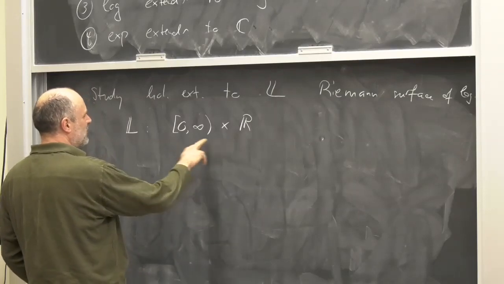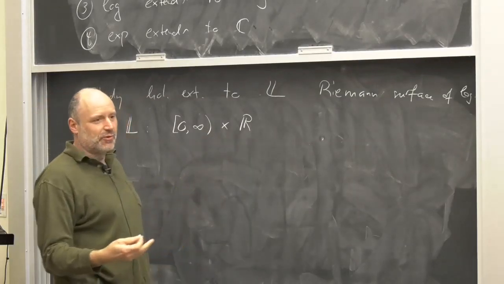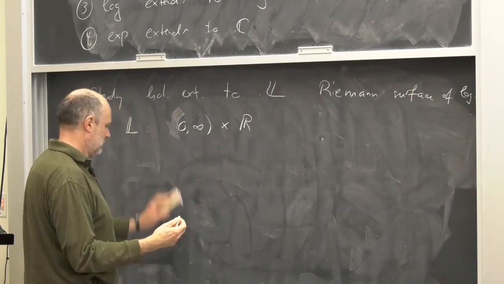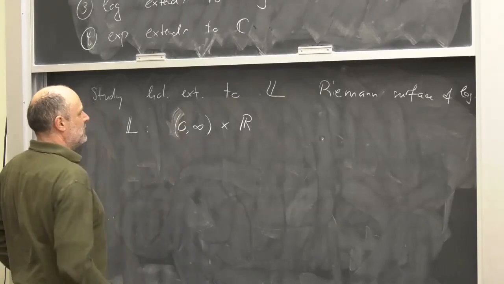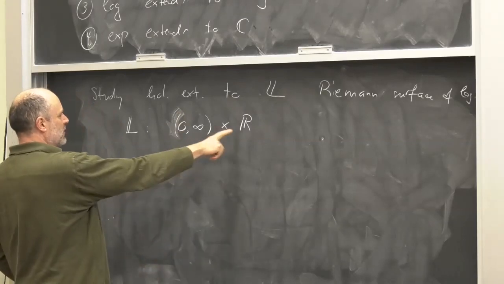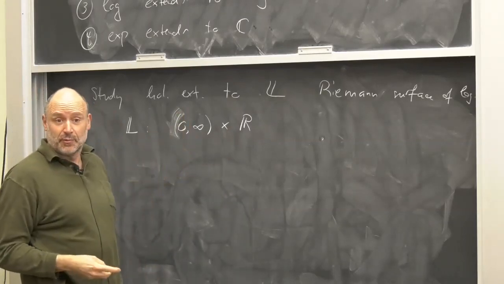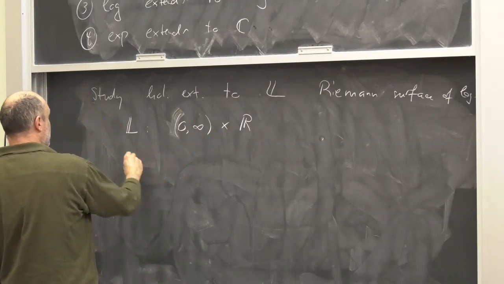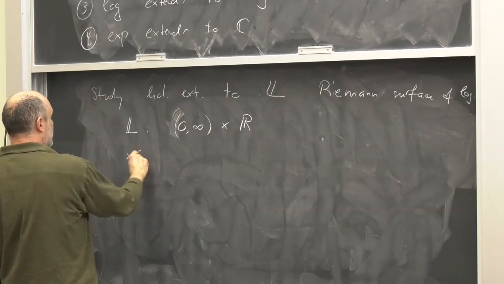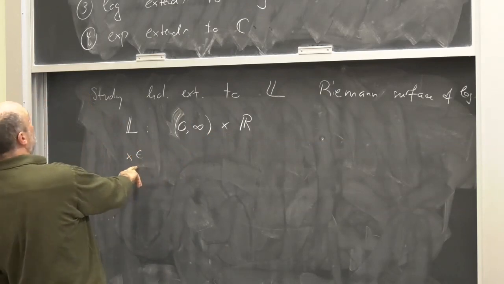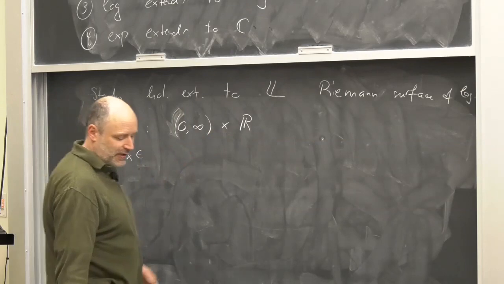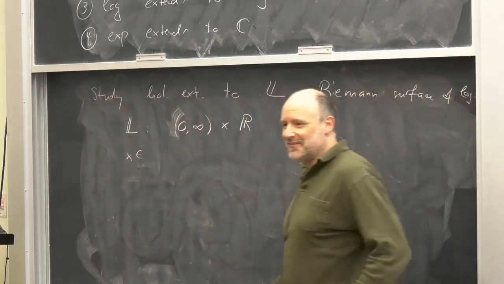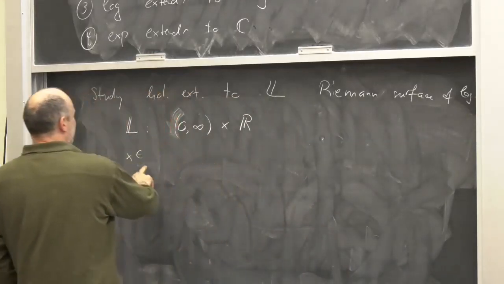So we have two coordinates, and you think of these two coordinates as polar coordinates, points in the complex plane. For a point, and usually I use the letter X for points in L because that's closer to the real line than the complex plane, where I use z.